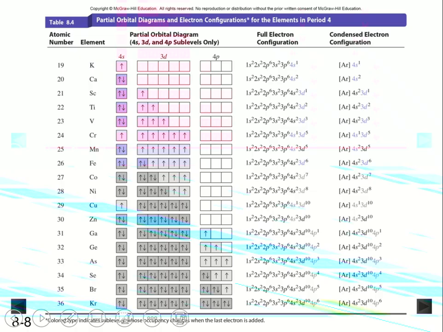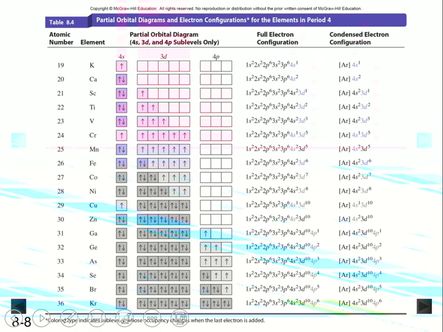Now this is a bigger table showing 18 elements all the way across the 4th row of the periodic table, starting with potassium and going all the way across to krypton. And you can see in this case, we're filling the 4s and then the 3d and then the 4p.